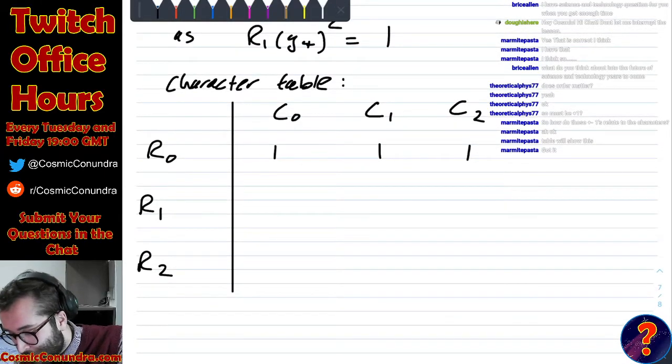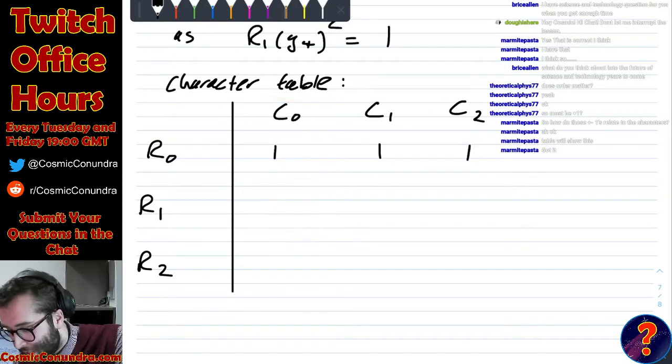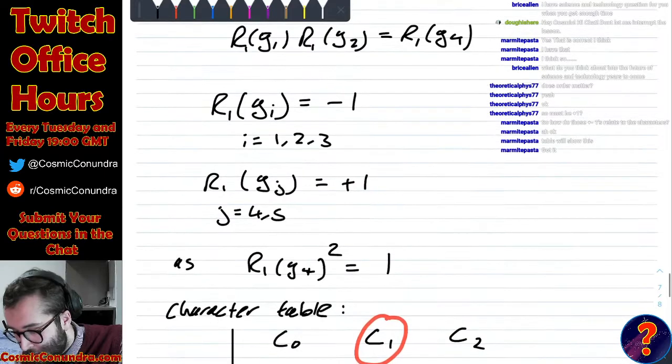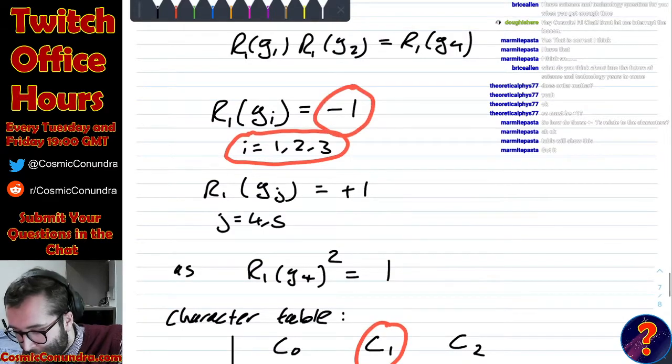For this 1D representation we've just been thinking about, well, the identity element, the thing in this identity class, will always be 1 in this 1D representation. Then what we showed is that the things in the first class, which contained G1, G2, and G3, their representation matrix is just -1.